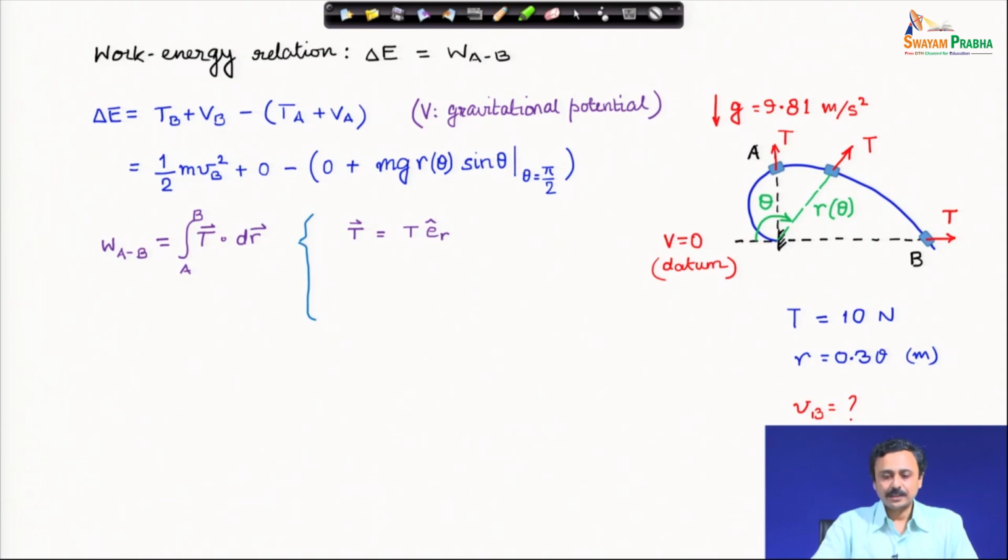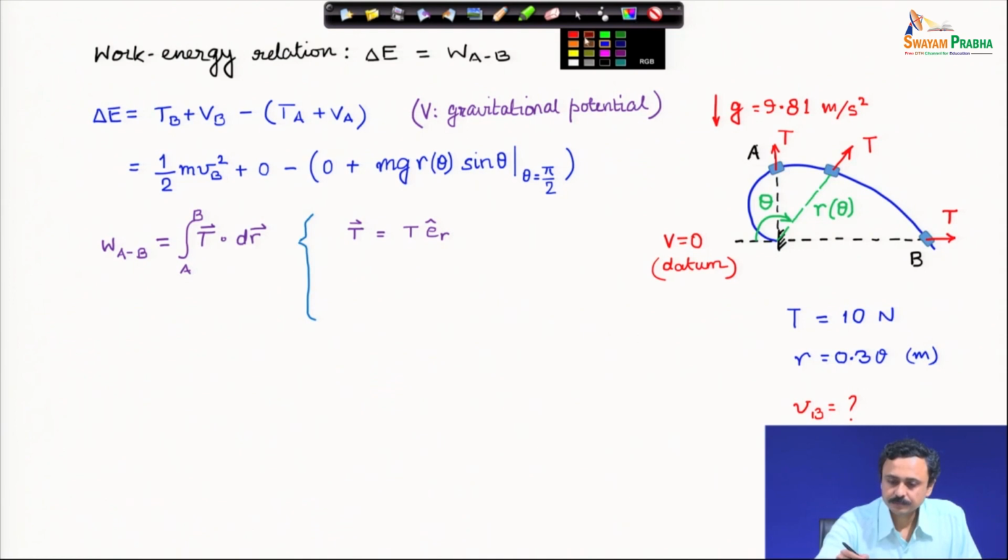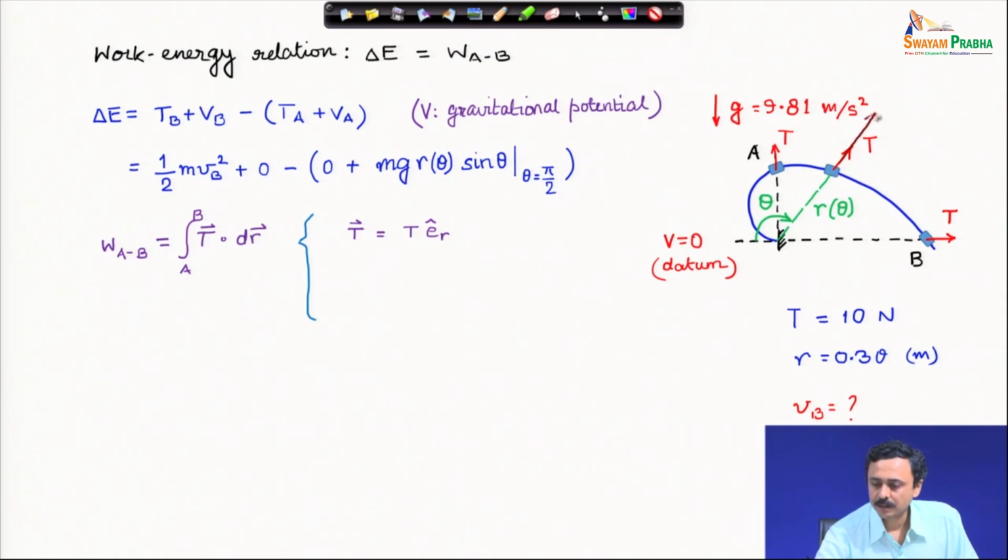The force vector is always acting along the radial line, this is mentioned. Therefore, if I choose my ER like this and E theta in the direction of increasing theta, so this is my E theta, 90 degrees to ER.